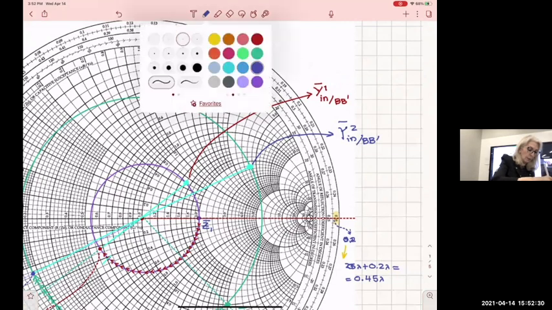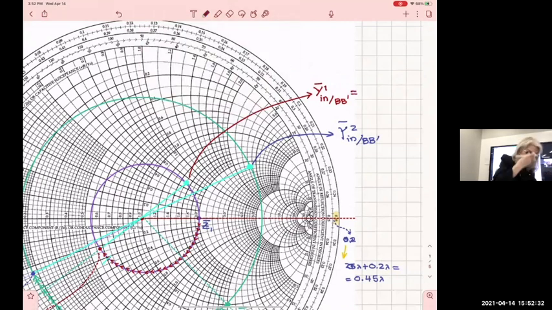So for the first one, the real part of this is found by going down here, like that. So it's practically 1.5. And the imaginary part of this, I will move along this line to find it. All right, and it's 0.7 plus.